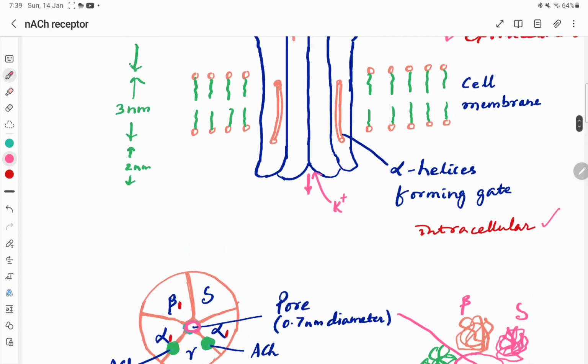Another thing is, in each subunit there is the alpha helix.